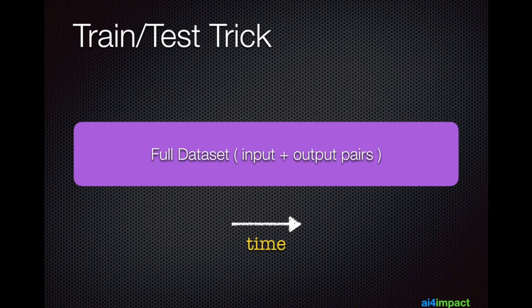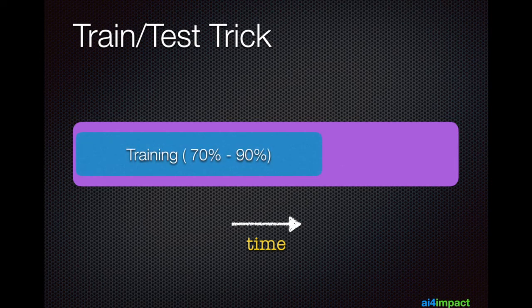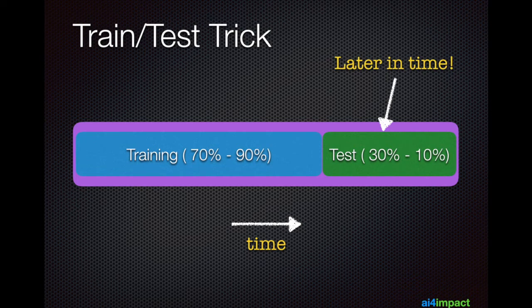The idea is simply to split your data set, and each data set again consists of input and output pairs. You want to split it in time into a training data set, typically 70 to 90% of the data set, and a test data set, which is 30 to 10%. Notice that the test data set comes later in time.